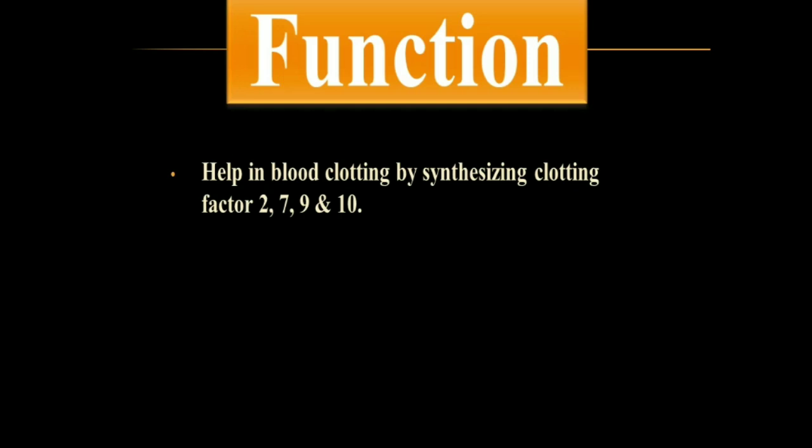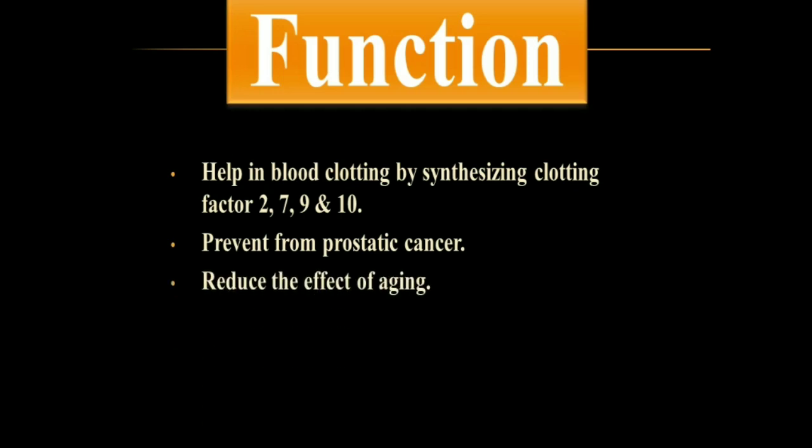Let's see the functions of the vitamin. Vitamin K is important to synthesize different clotting factors, like clotting factors 2, 7, 9 and 10, which are important to stop bleeding, so it is helpful in blood clotting. It is also helpful in preventing prostate cancer, and can reduce the effects of aging.